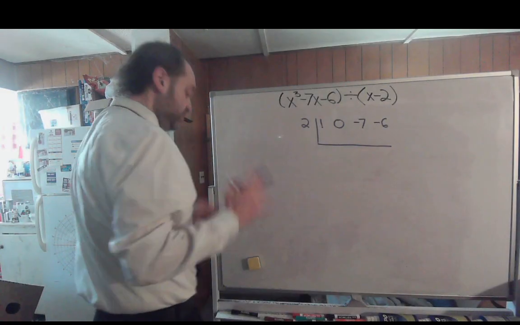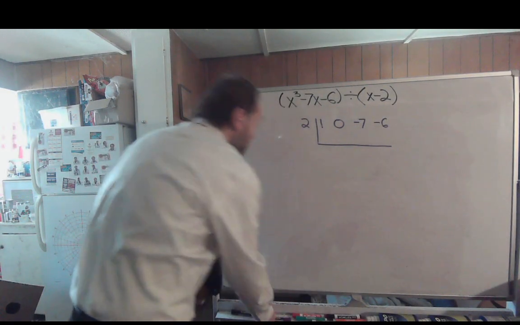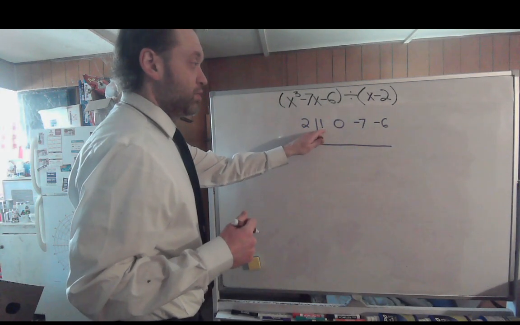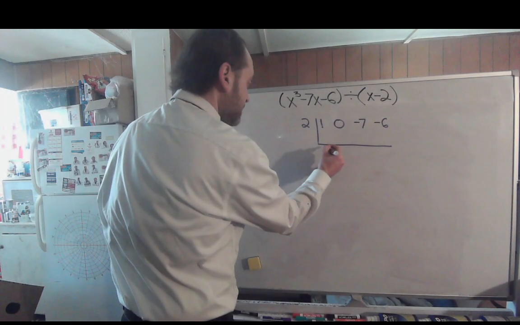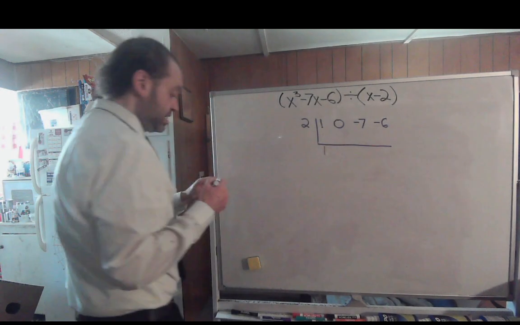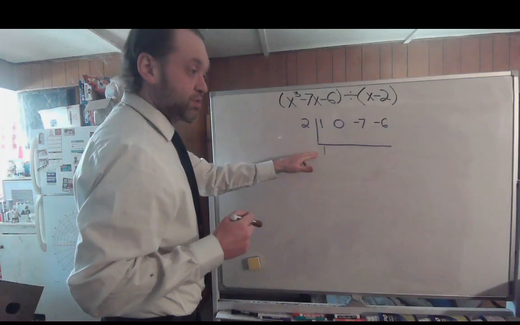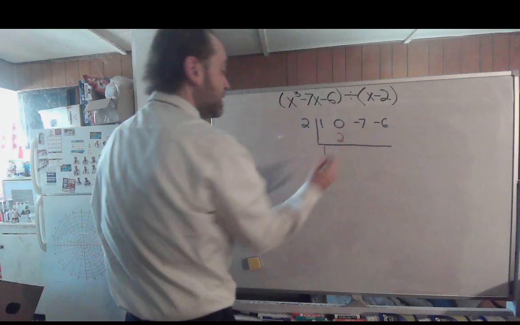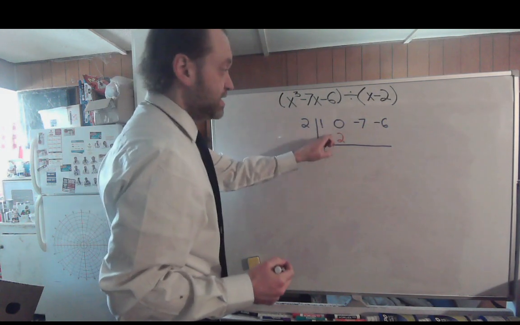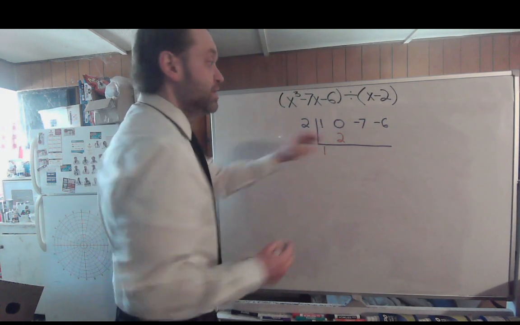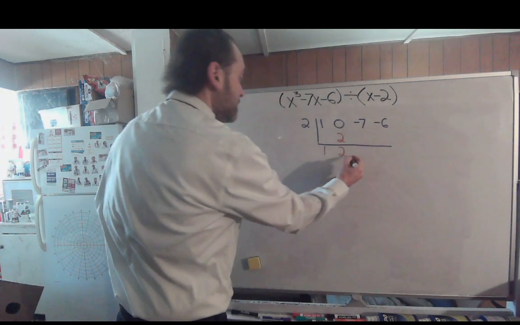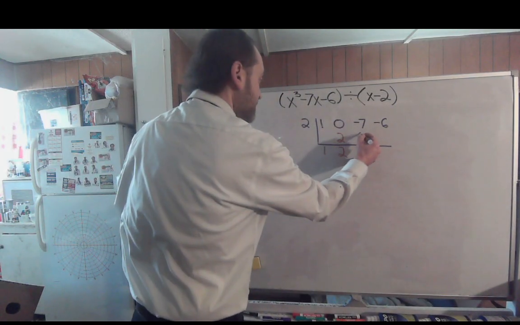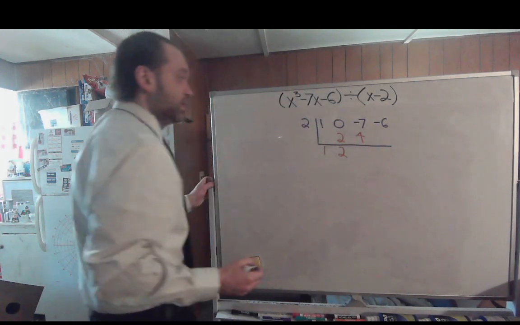Now, for synthetic division, bring down that very first value in your dividend, that 1. That goes by default. Then you'll take that 2 times 1, which is 2, and you'll put that right below the 0. Now add 0 and 2, what do you get? You get 2. Once you've done that, take 2 times 2, you get 4. So put that 4 below the negative 7.